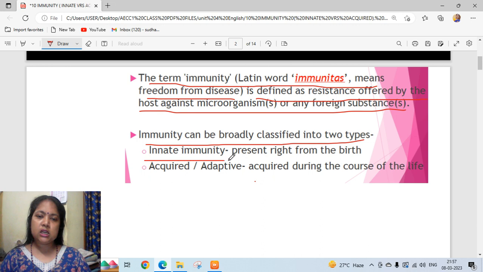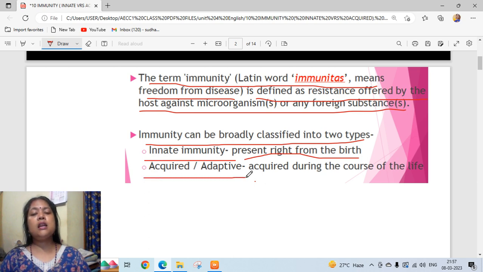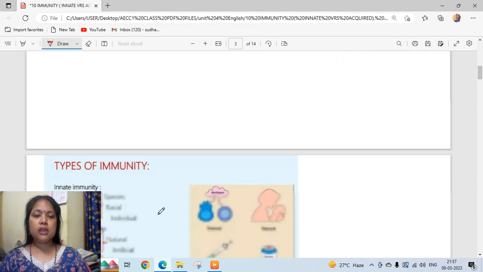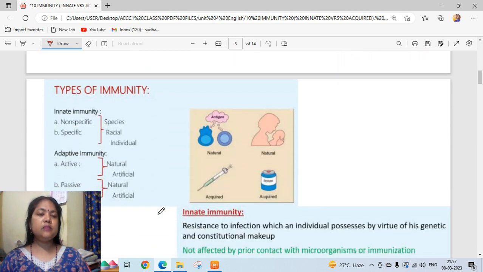One is innate immunity, that is present right from birth. Another is acquired or adaptive immunity, that is acquired during the course of life through different outside substances. Okay, so what are the types of immunity?